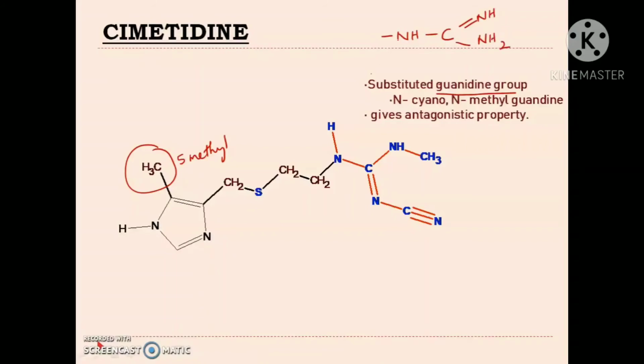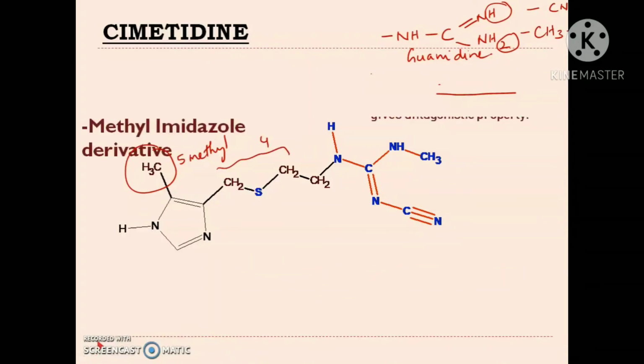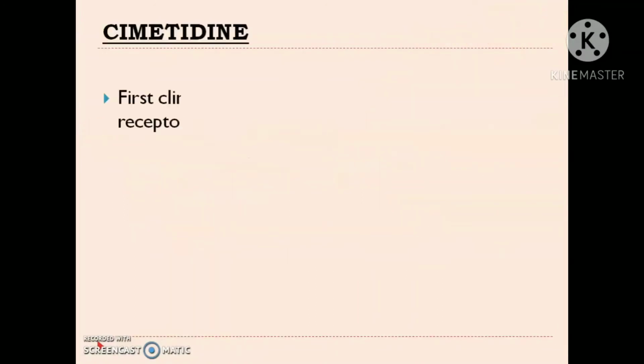So N-cyano, N-methyl guanidine, and this guanidine is necessary for the antagonistic property. Then the terminal nitrogen atom and the 5-methyl imidazole ring are separated by the equivalent of 4 carbon atoms. You can see a methyl ethyl thioether chain. A sulfur atom is there in the chain that separates the aromatic ring system and the substituted guanidine group.